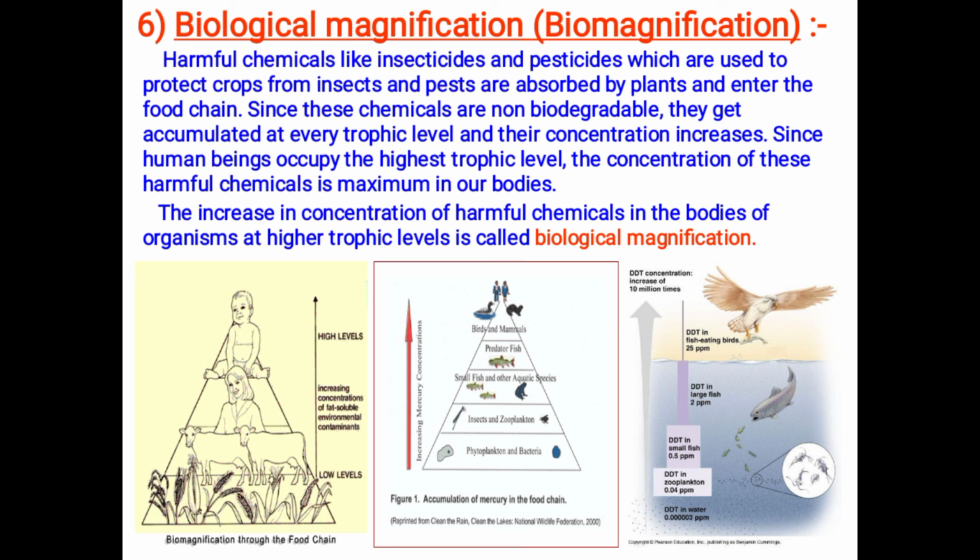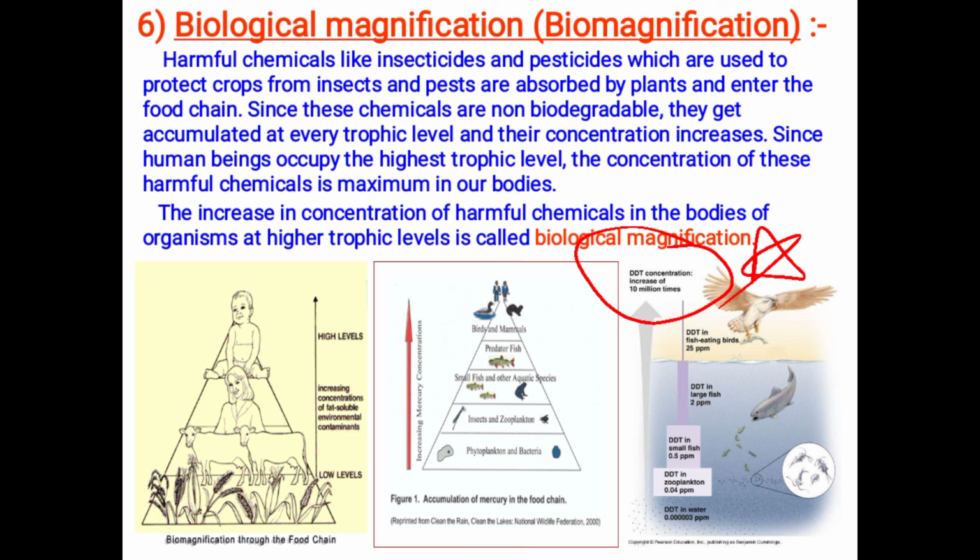In small fishes, the DDT concentration again increases. When small fish is eaten by large fish, again it is increased in the large fish. When large fish is eaten by fish-eating birds, it increased drastically. So here you can see one sentence: DDT concentration increases 10 million times once it reaches the last trophic level.